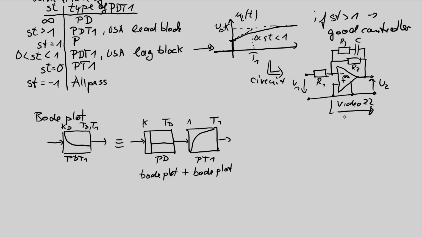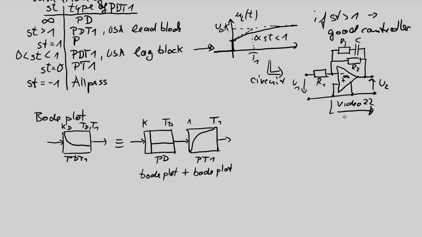A big advantage of the doubled logarithmic case is that we are simply adding two curves, and this is graphically easily done. The only thing is you have to look for the Bode plot of a PD and the PDT1 we get by simply adding the PT1 case.